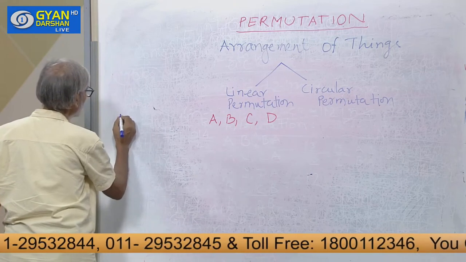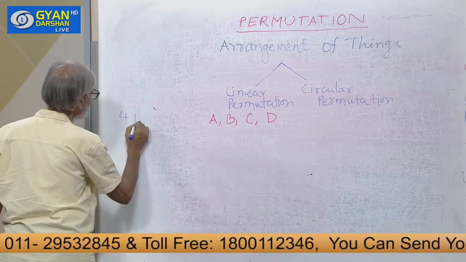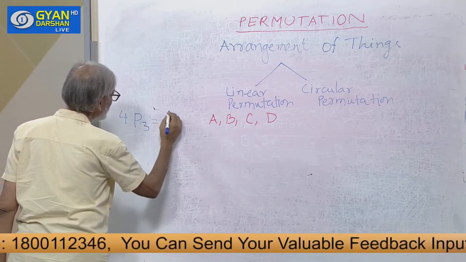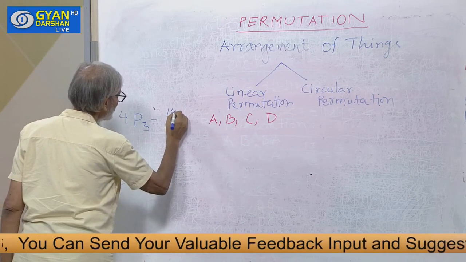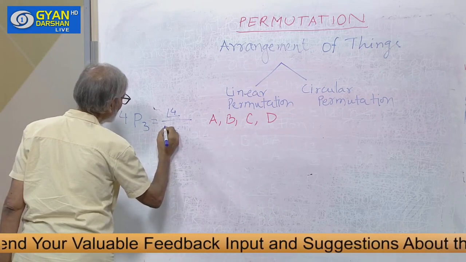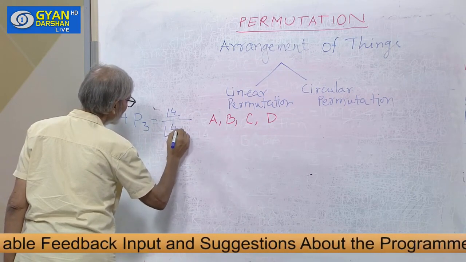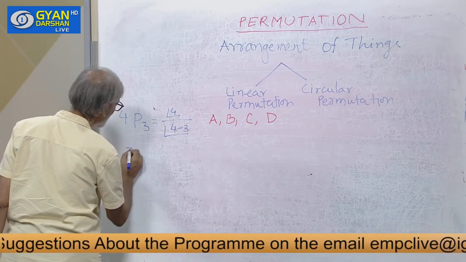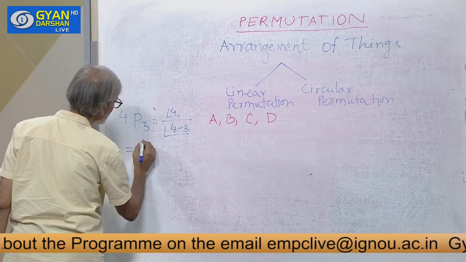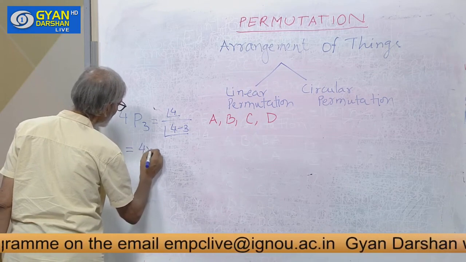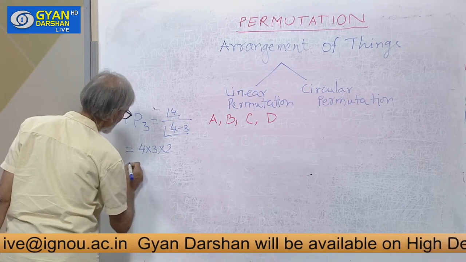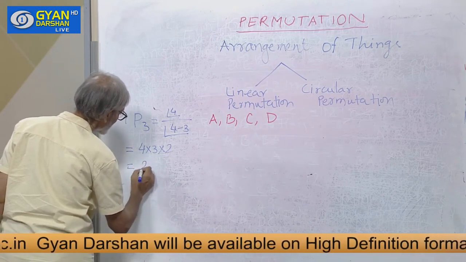So, 4P3, taking 3 at a time, will be equal to factorial 4 divided by factorial 4 minus 3. So, factorial 4 over factorial 1, and factorial 1 is equal to 1. So, it will be equal to 4 into 3 into 2, which is equal to 24.